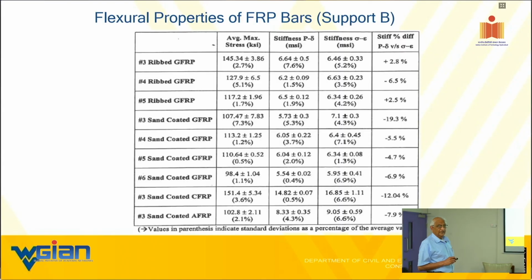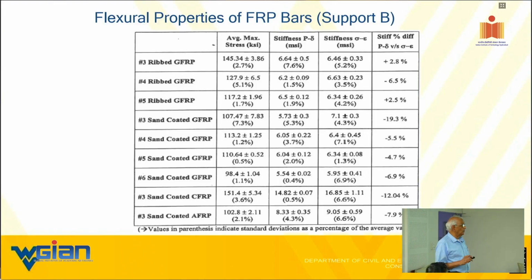Please look at how the strength to failure is decreasing with the increase in the bar size. It went from number 3, 145, to 128 for number 4, down to 117 for number 5. So that gives you an idea.